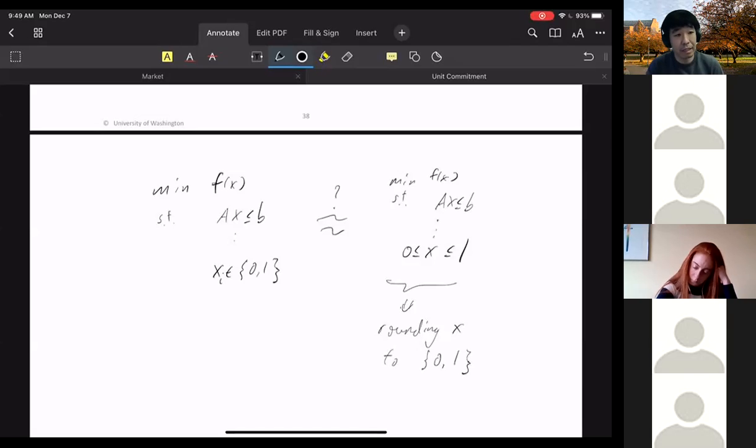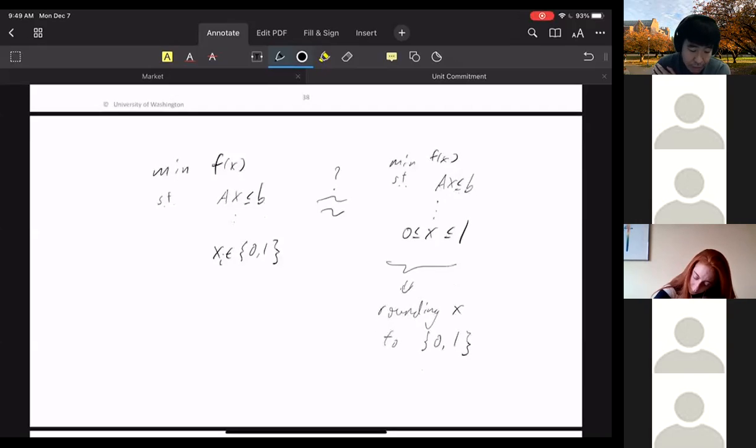So one easy way is to solve this continuous problem. You get some real number between 0 and 1, and you can say, let me just round it based on the value. Less than 0.5, round it to 0. If it's more than 0.5, round it to 1. Let's see how well this kind of thing works.